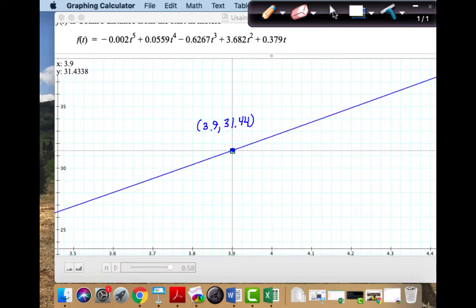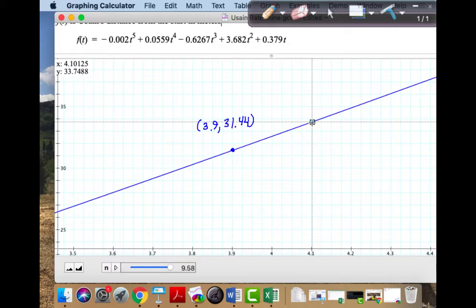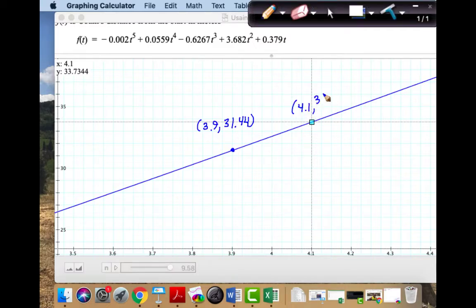By the time he was farther into the race, let me say this 4.1 seconds, if I can click on that. There we go, 4.1 seconds. Here's 33.73, just rounding again, meters into the race.